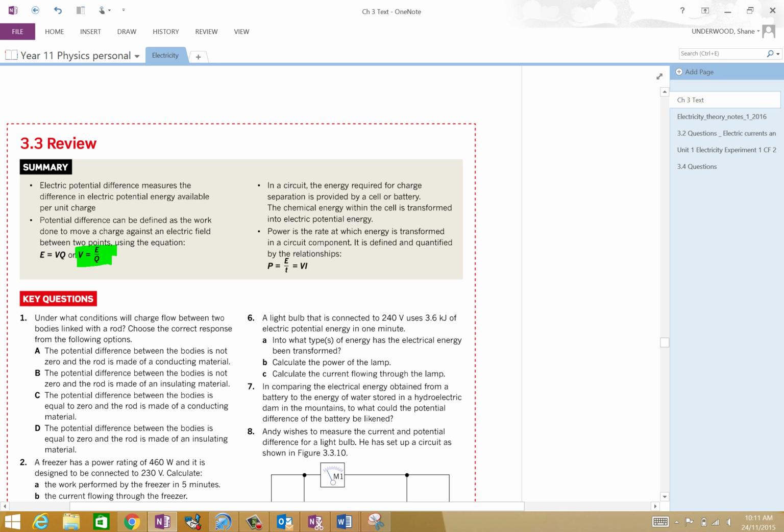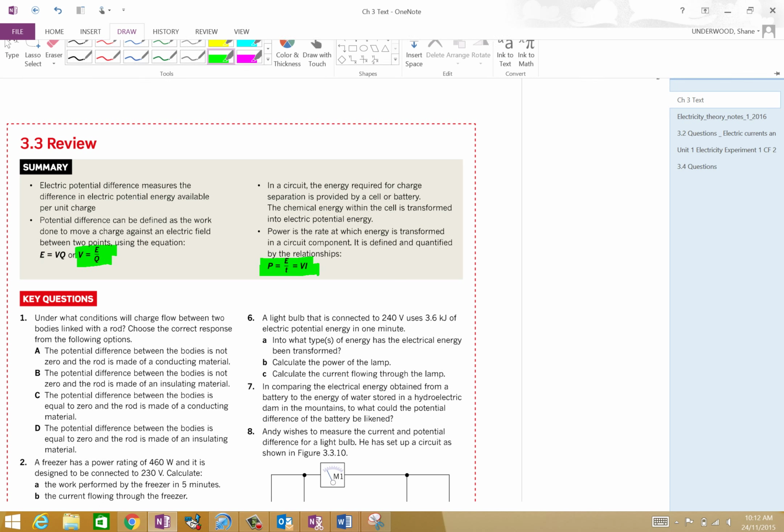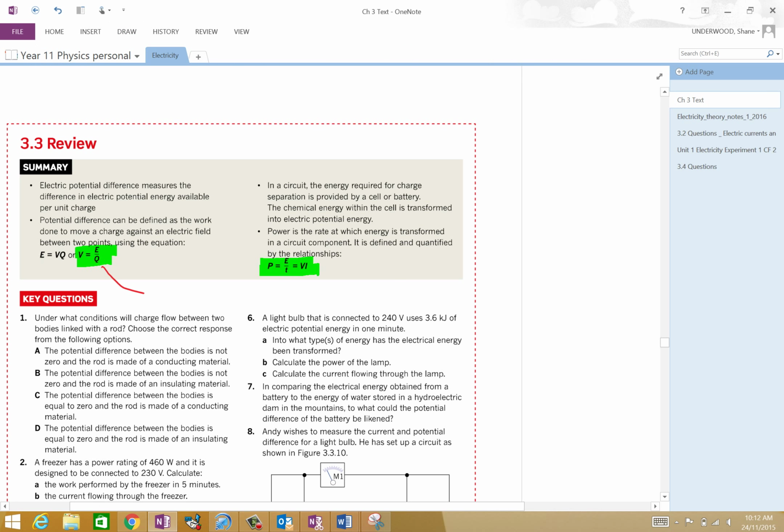The second thing is that power is the rate at which energy is being transferred, and we have shown you that, given what we already have, there is a relationship between voltage, energy, and power, which we can equate to current times voltage, and that is, of course, in watts.